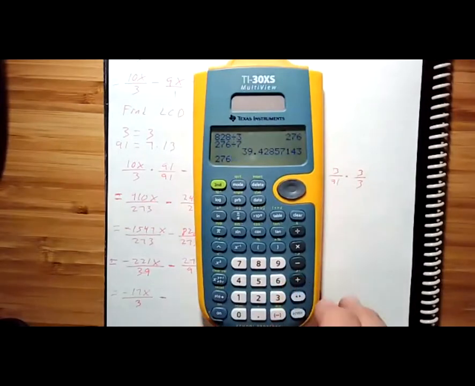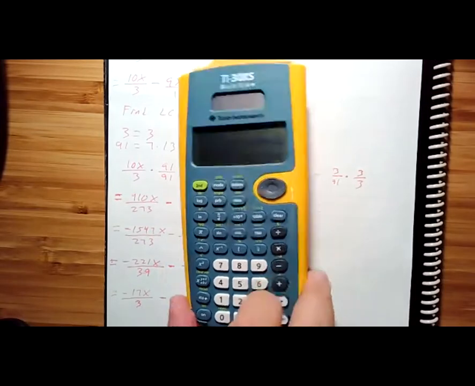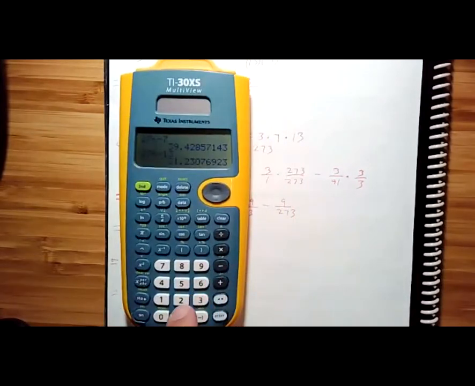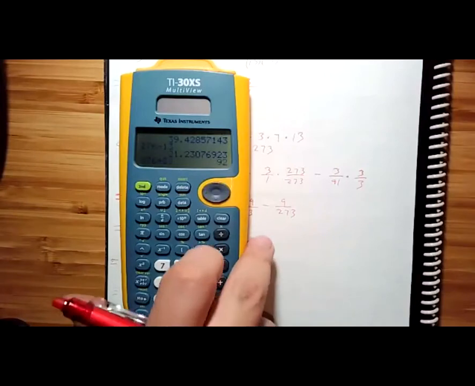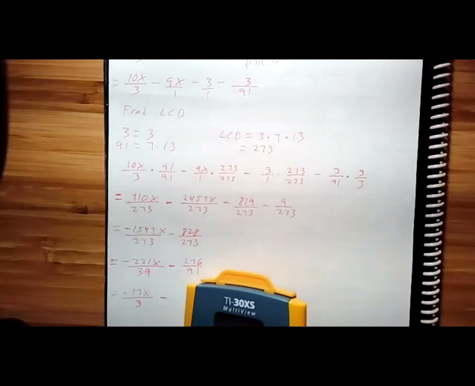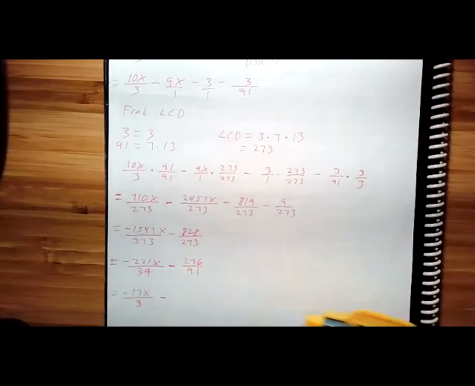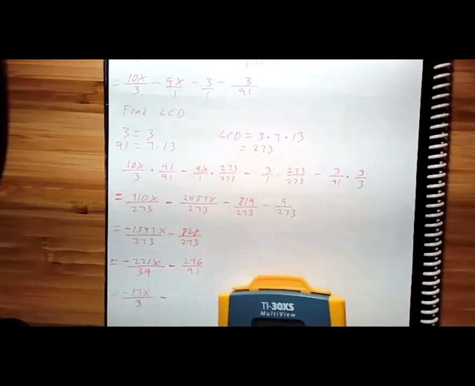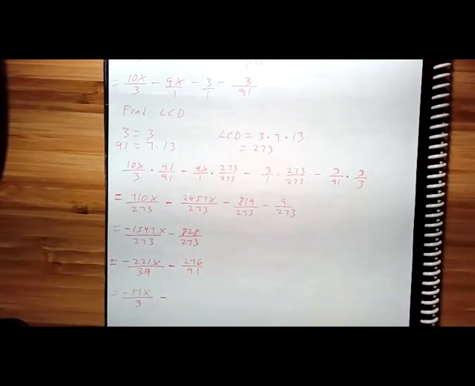By 13? Nope. I think that's it. Oh, 3 works. Yeah, 3 works. Okay. So 3 makes it reduce to 92 over 21.